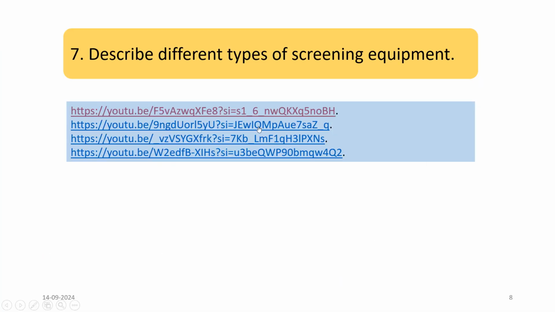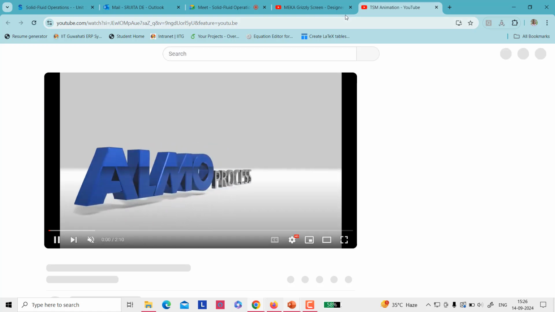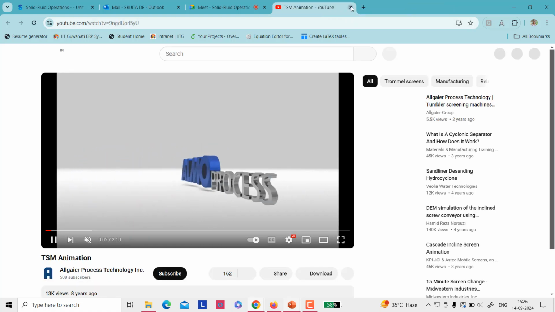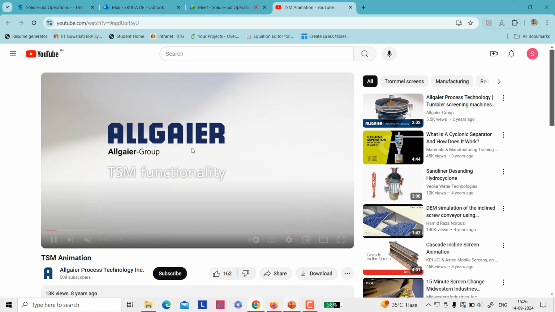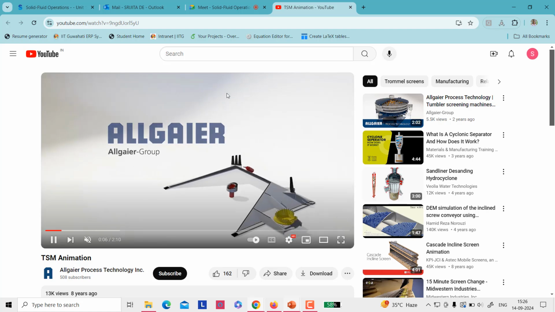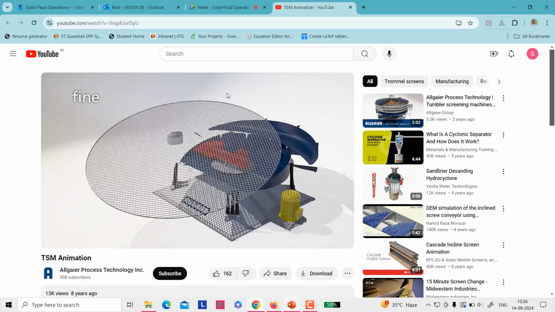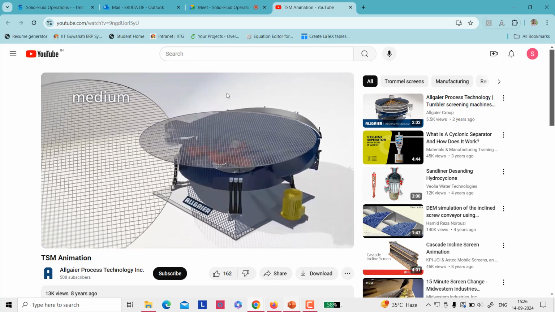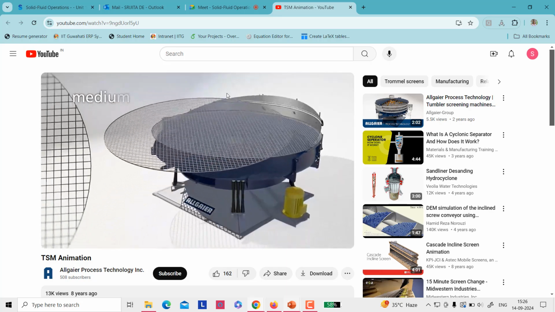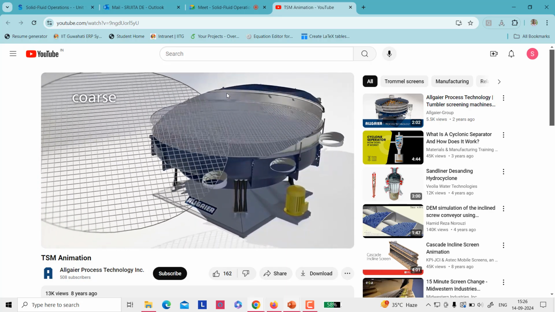Next one is the gyratory or vibrating screen. So for the fine mesh in the medium, this is the coarse mesh.